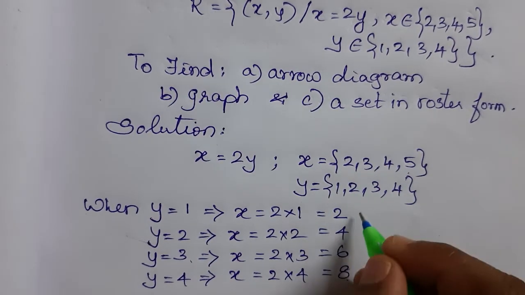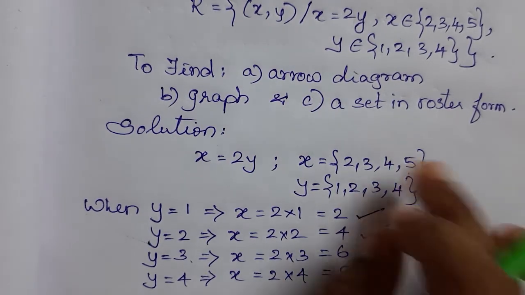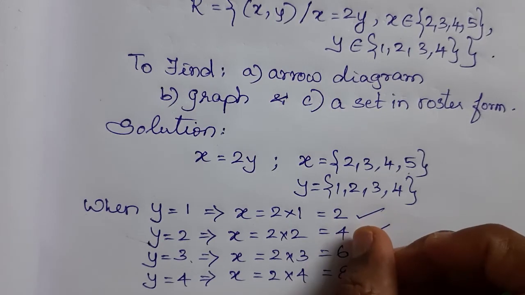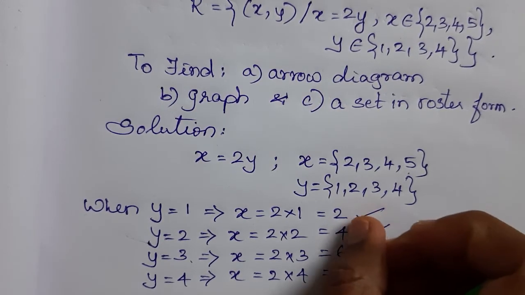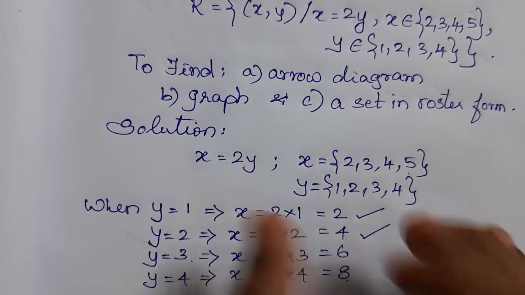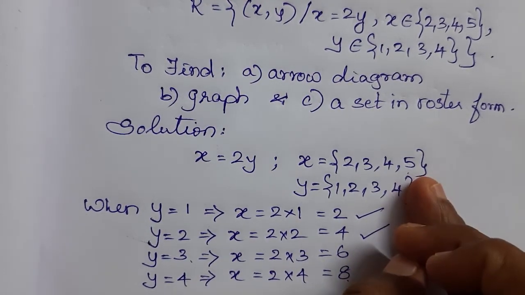So only these two values are possible in this case. So the elements of x are 2 and 4, and here the y will be 1 and 2. The relation that we are going to write is only in terms of these two values. You cannot write the others because 6 and 8 do not belong to x.